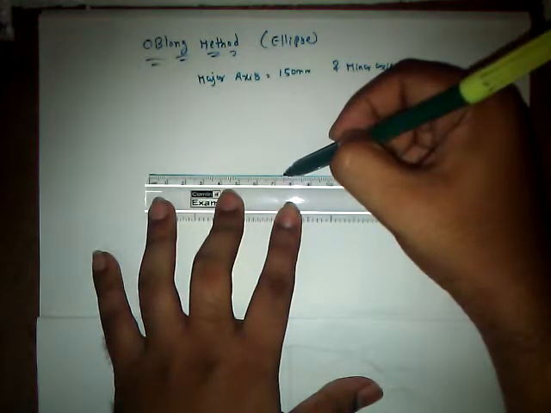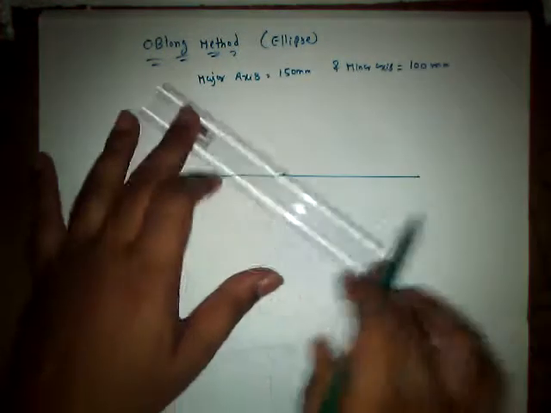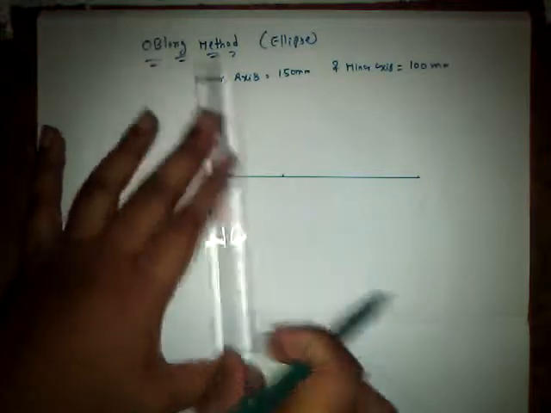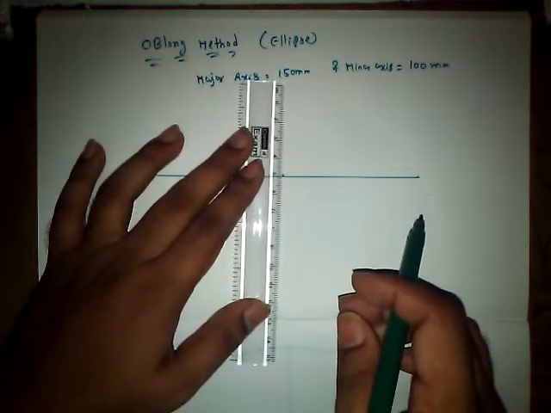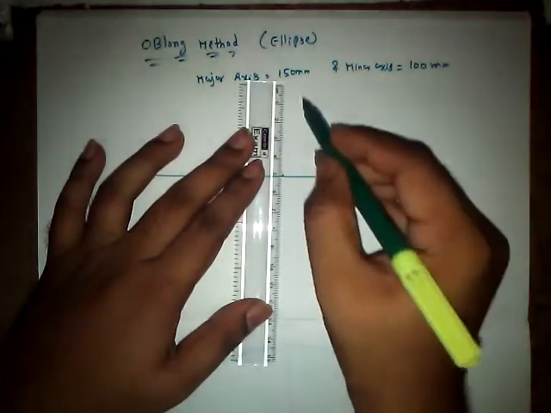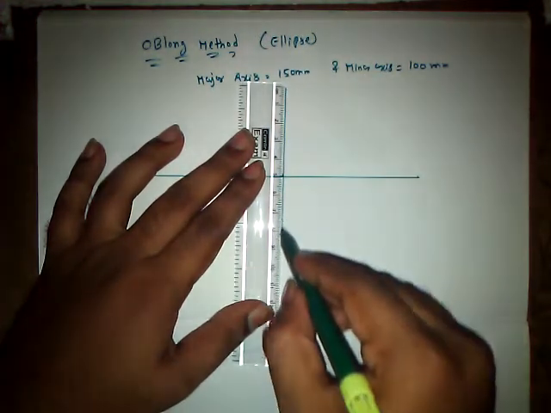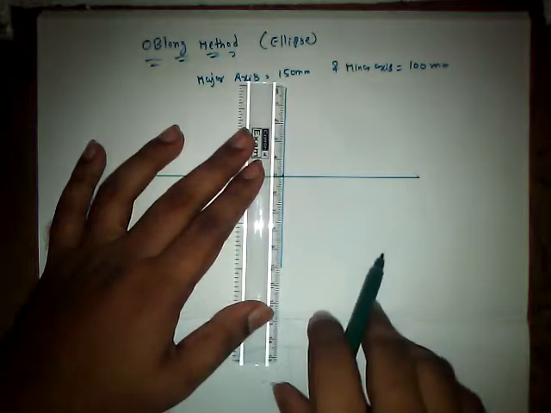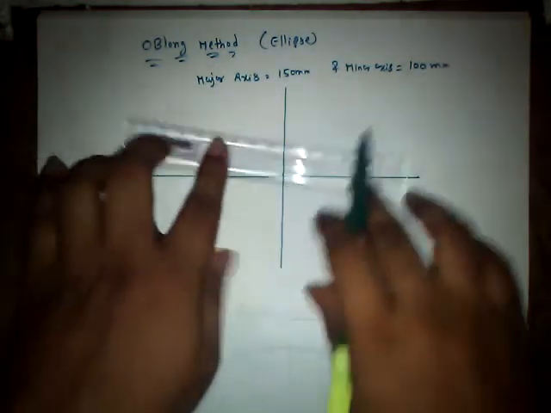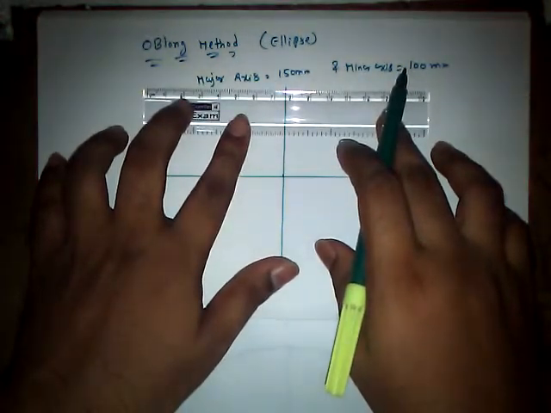I am taking the center at 7.5 as done before. Now let us take 5 centimeters upwards and 5 centimeters down. Okay, now what we shall do is that we need to construct a rectangle.